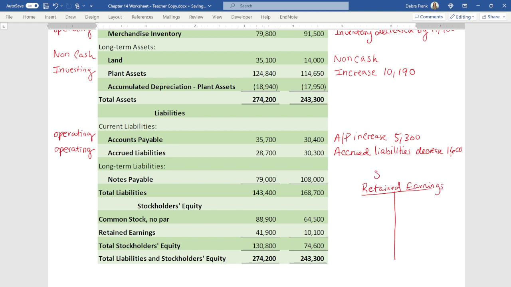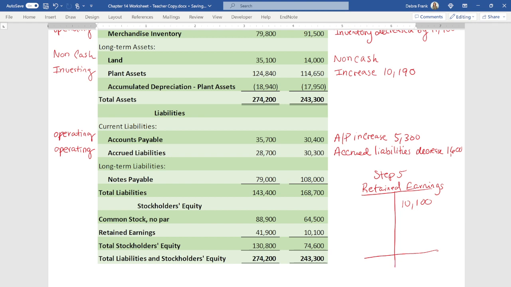And this is part of step 5. We can see that it started off with a credit balance of 10,100, and its ending balance is 41,900.